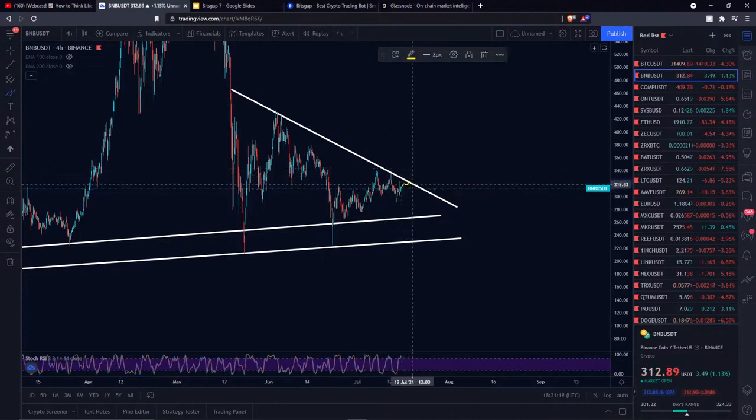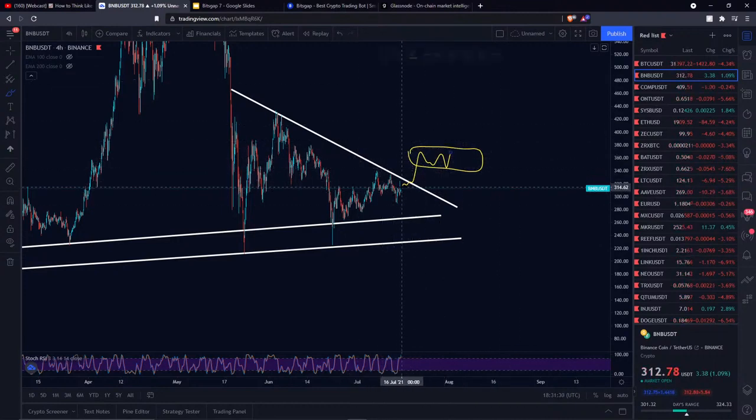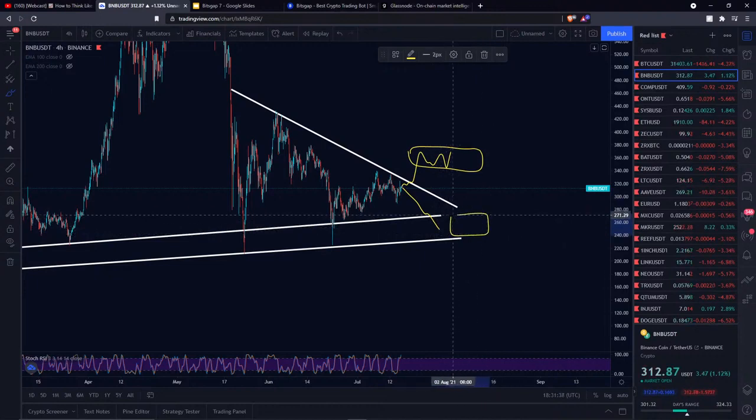But if it breaks it and goes like this and forms this short-term sideways formation over here, then I would consider entering the market here. Or it can go lower from that point down to the support, or even lower, into the support area. This is the zone where you can consider entering the BNB with your stop loss set below the support over here. So that's going to be your stop loss, right?